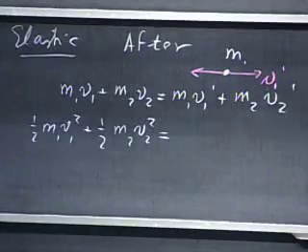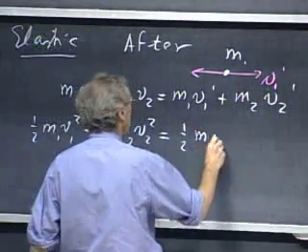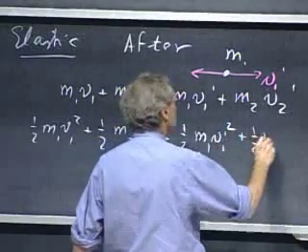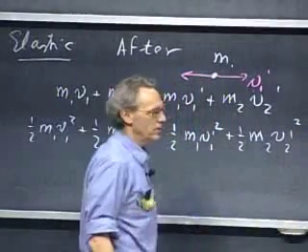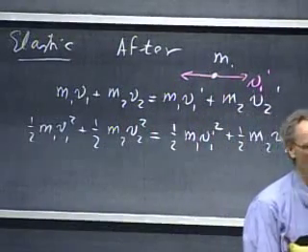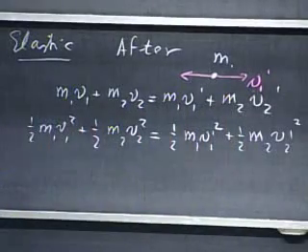That's before the collision. After the collision, 1/2 m1 v1 prime squared plus 1/2 m2 v2 prime squared. Two equations with two unknowns, and in principle you can solve for v1 prime and for v2 prime, except that it could be time consuming.